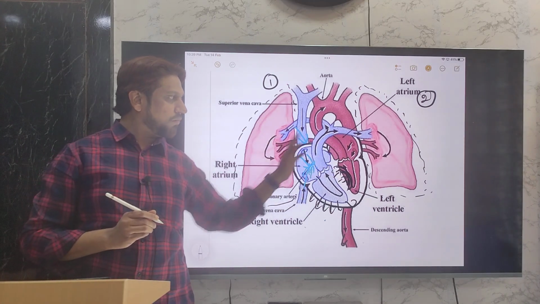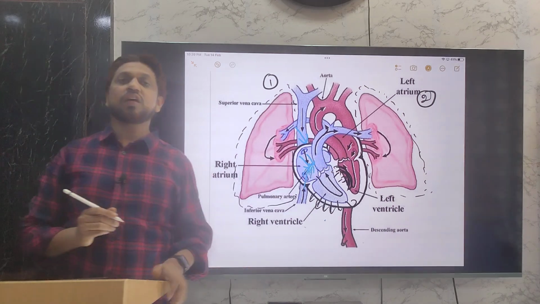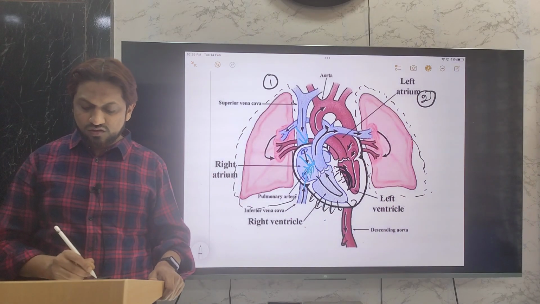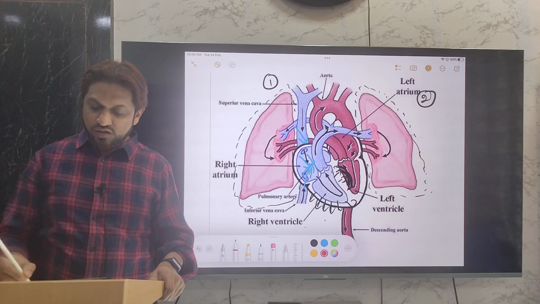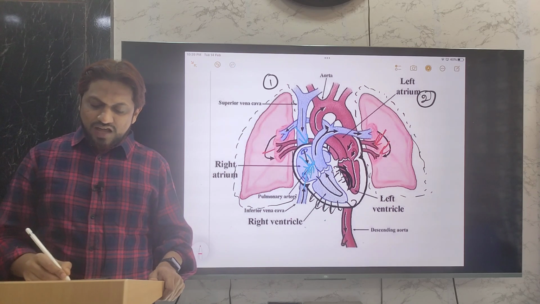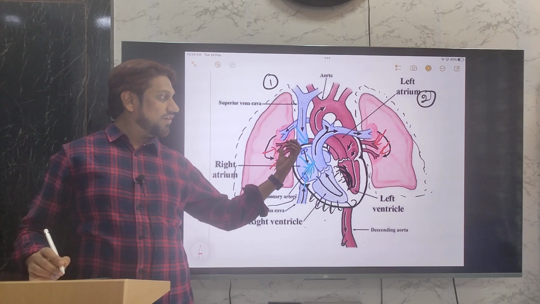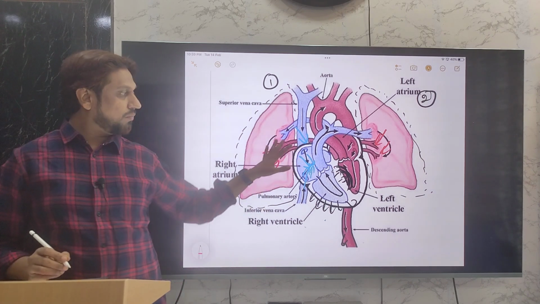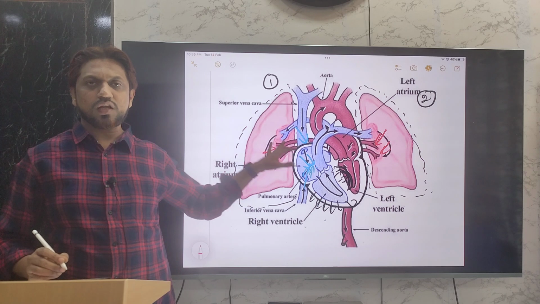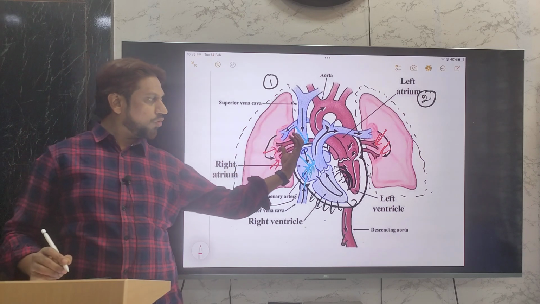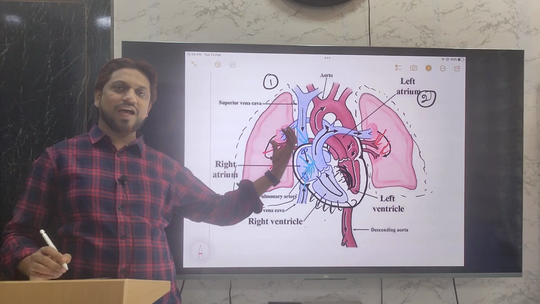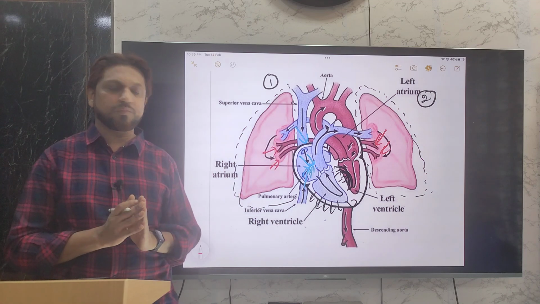Their diameter enlarges and their capacitance increases, so more blood gets accumulated in these dilated blood vessels during inspiration.